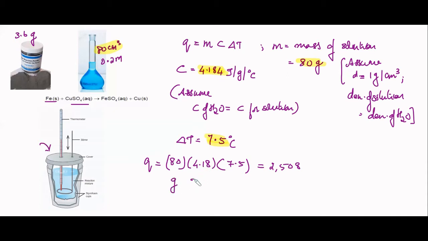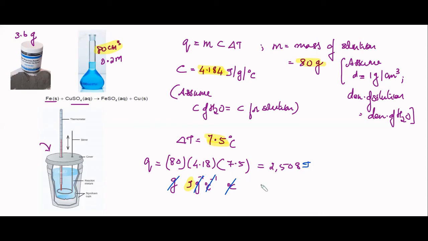For this one, it is joules per gram per degree Celsius. The unit for 4.18 is joules per gram per degree Celsius. And the unit for temperature is degree Celsius. This degree Celsius and degree Celsius cancels out. We are left with only joules.